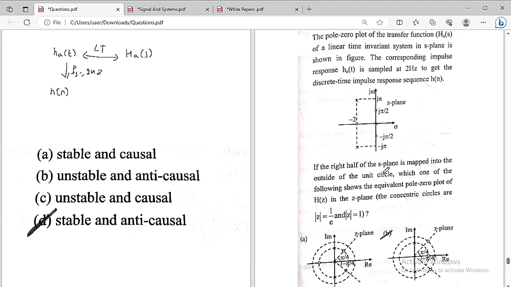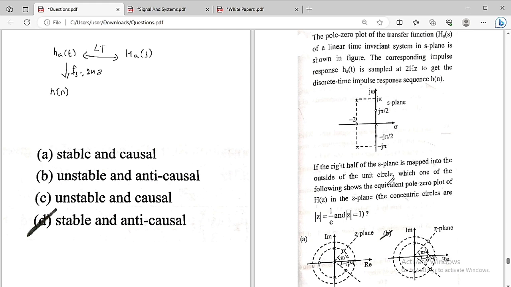If the right half of the S-plane is mapped into the outside of the unit circle, I already told you: the right half of the S-plane is mapped outside the unit circle, the left half of the S-plane is mapped inside the unit circle, and the imaginary axis of the S-plane is mapped on the unit circle.